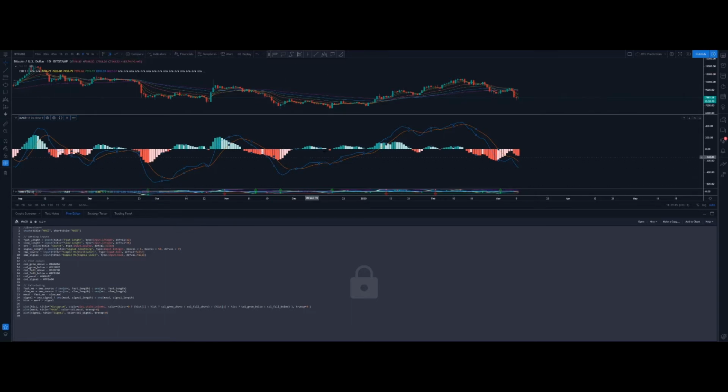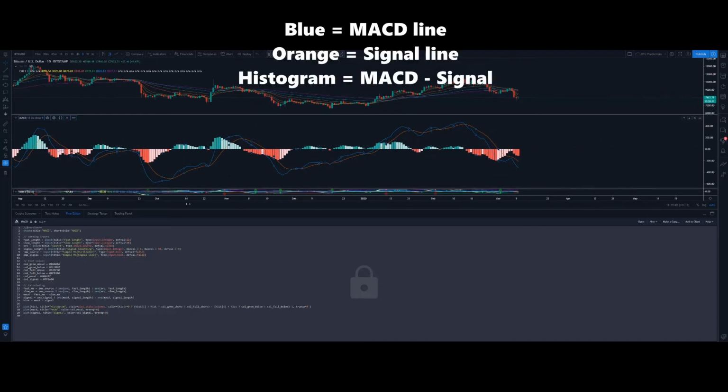And this histogram is the difference between the signal and the MACD, as you can see here. It might be a little small, so I don't think you can really read this on the telephone or on the smartphone. You might want to watch this on the bigger screen.